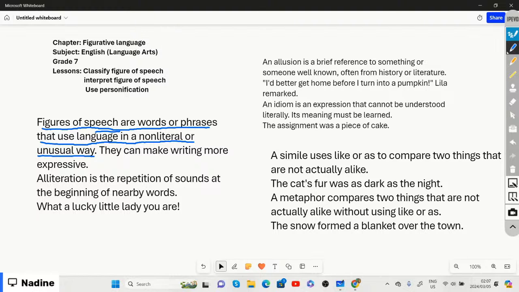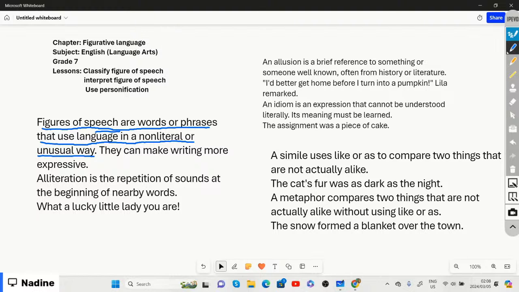And if you say it's in a non-literal way, then it's like us saying it is figurative language. Because you either have literal language or you have figurative language. Figurative means that I'm saying something but I'm not meaning it directly or literally, right?